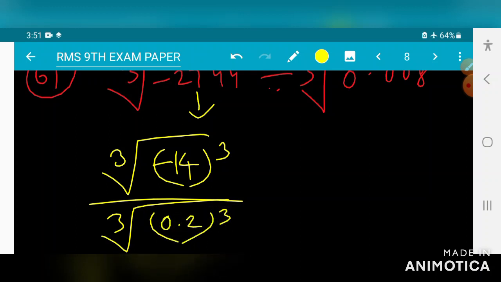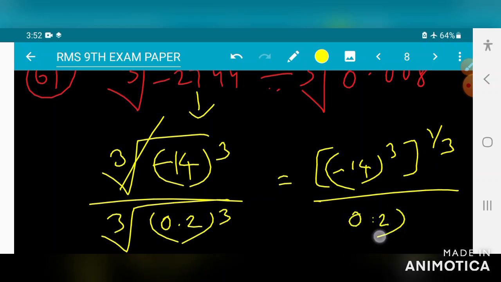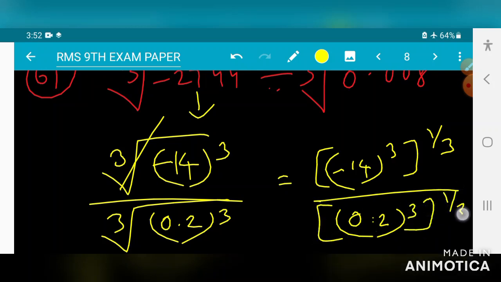These are the cube roots of these values. Minus 14 whole power 3, by removing the cube root we have to write whole power 1 by 3. Here also 0.2 whole cube to the power of 1 by 3.